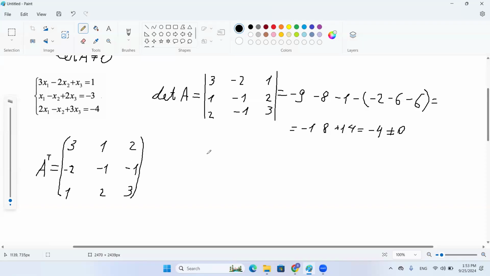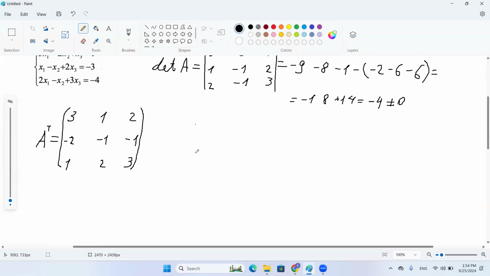Okay, and what do we do next when we transpose the matrix? Now we need to find the cofactors, I think it's named. Yeah, cofactors. It will be the first one. Let's do it. Don't forget the T sign.